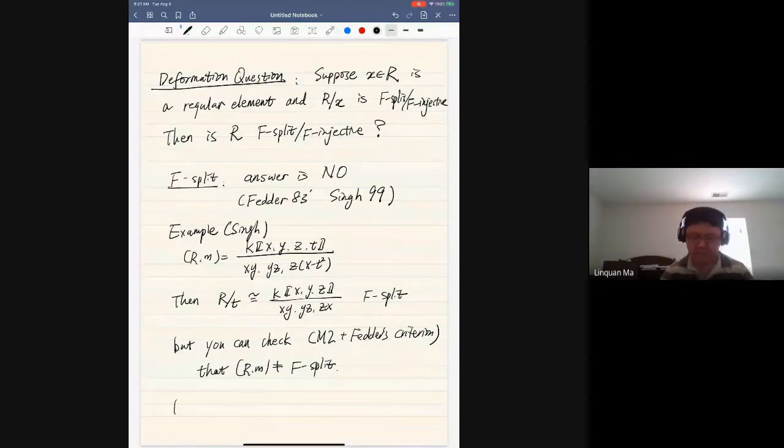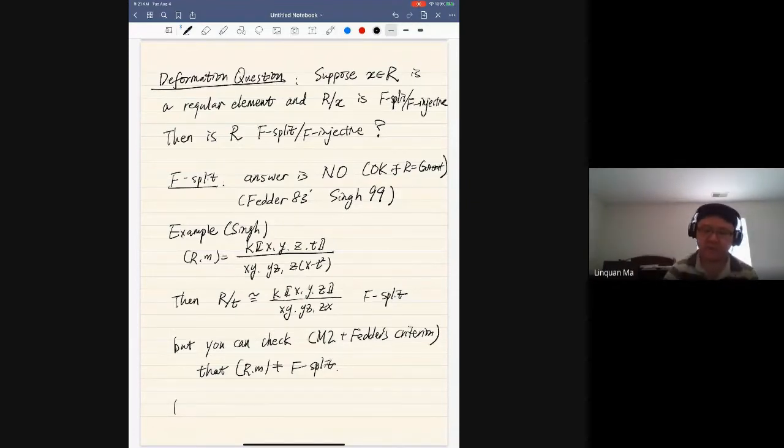So this is basically the status for F-split singularity. Unfortunately, the answer in general is no, but it's true, maybe I should say, if R is Gorenstein. In the Gorenstein case, F-pure or F-split is just equivalent to F-injective.